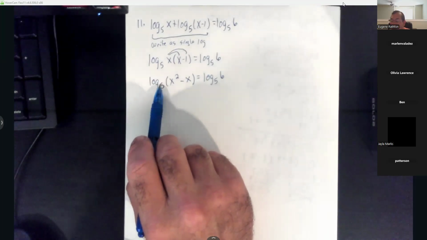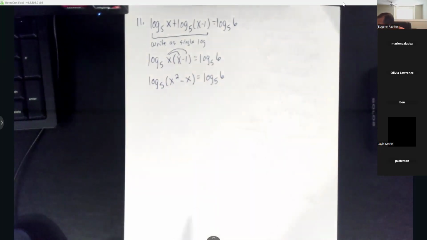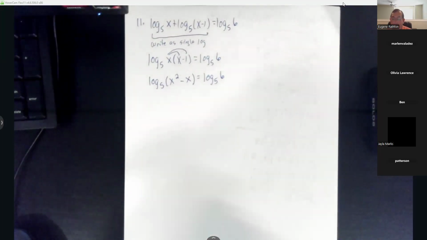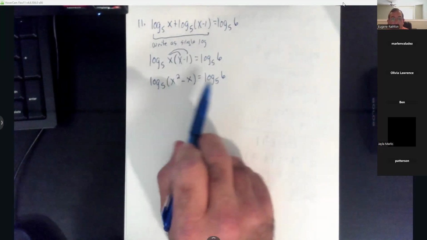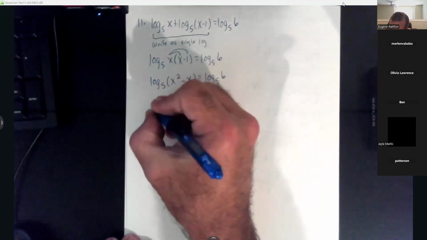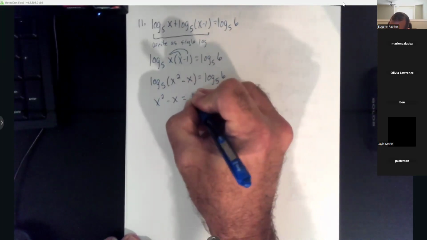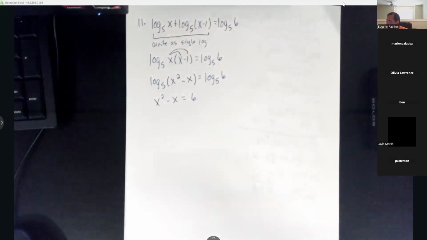So now look here, we got a log base equal to a log base. So that means this result equals that result. So x squared minus x is going to equal 6.